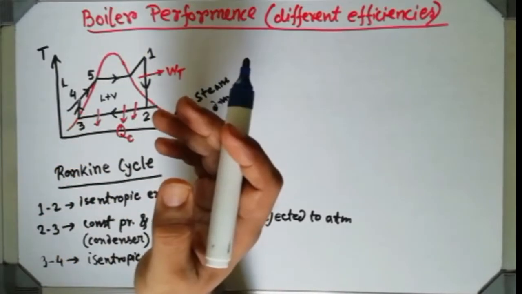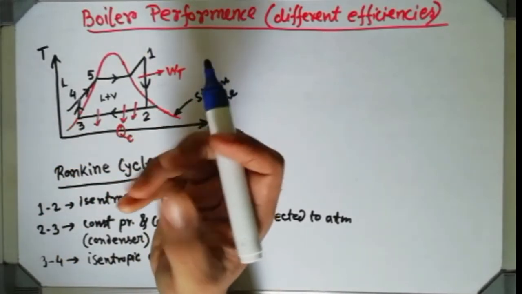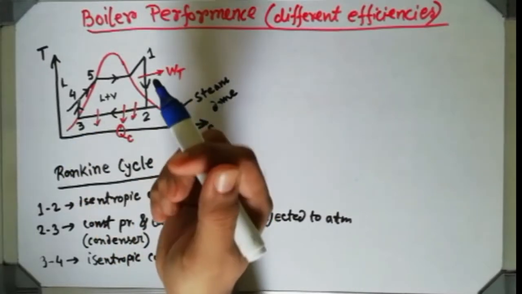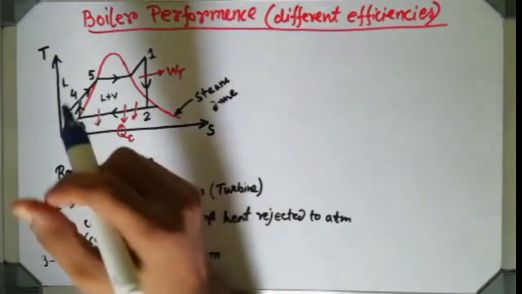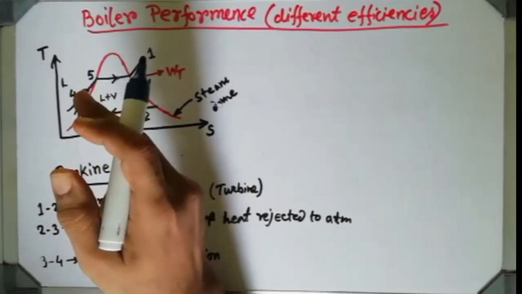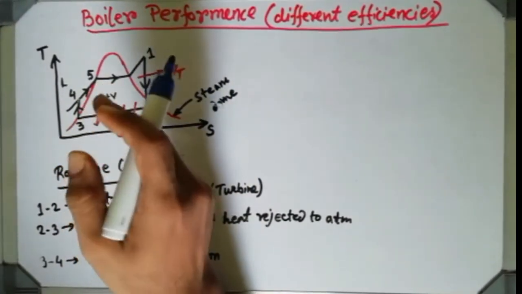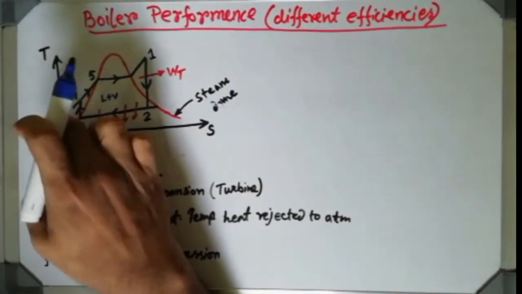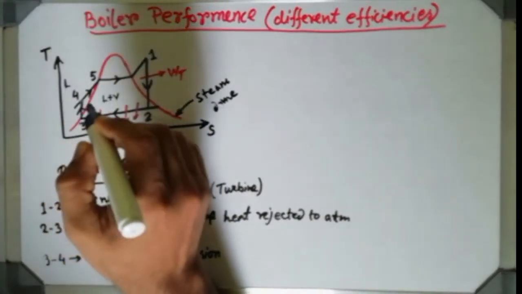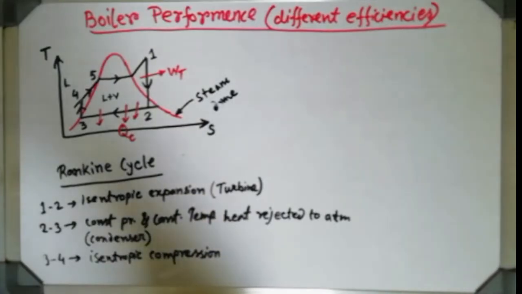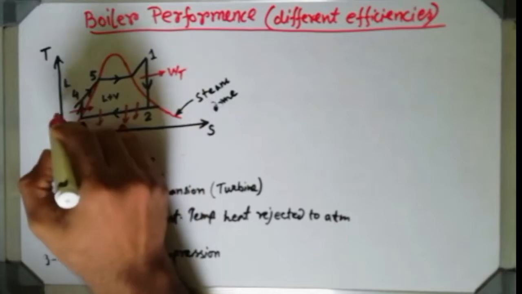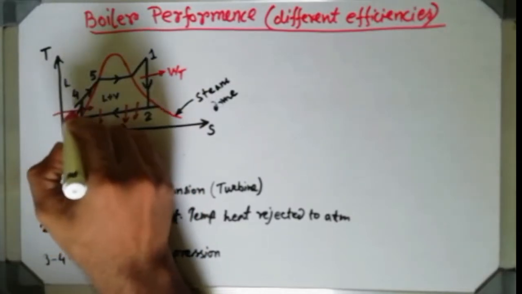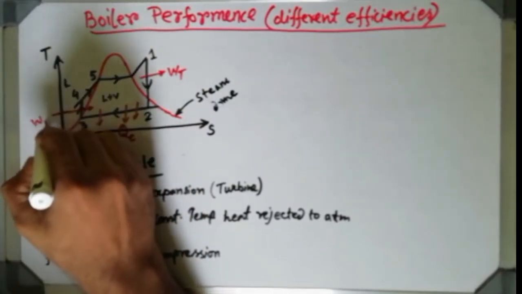So obviously we all know the pump is a work consuming device. That means you have to switch on an electrical device which is known as a motor. Then the motor will help us to rotate the pump. That means the pump is a work consuming device. It will consume some work. So that's why I should put an arrow inside like this, and I am writing over here WP.